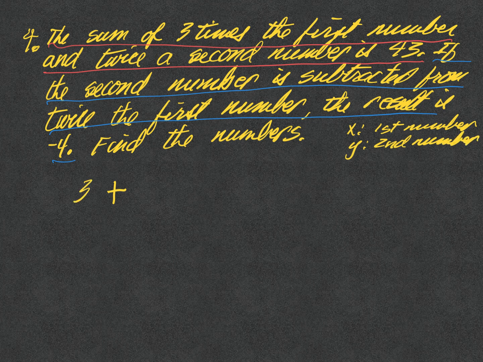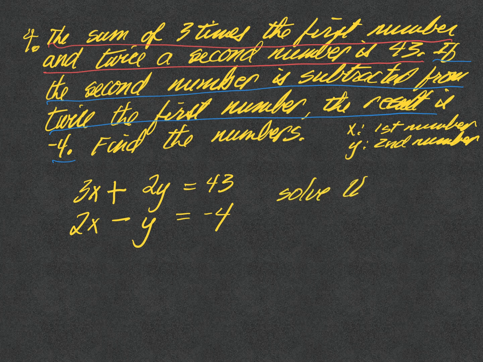So 3 times the first number plus, or the sum with twice the second number, is 43. So there's one equation. Next equation. The second number, y, is subtracted from, so we subtract y from twice the first number, and that result is -4. Okay? So now we have 2 equations and 2 unknowns, and we need to solve the system.